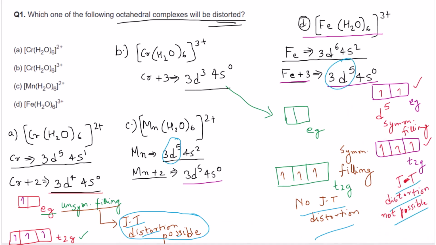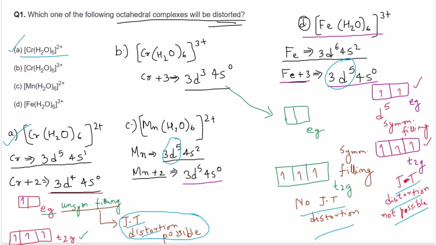We are only left with option A where Jahn Teller distortion is possible. So what is the answer of this question? Option A is the correct option.